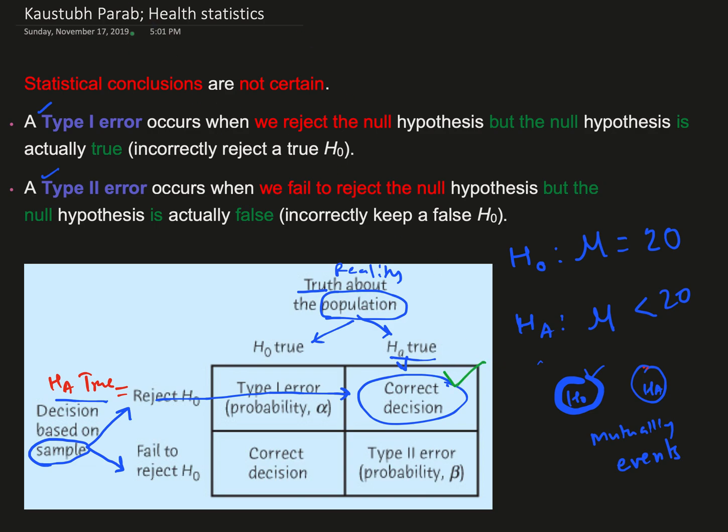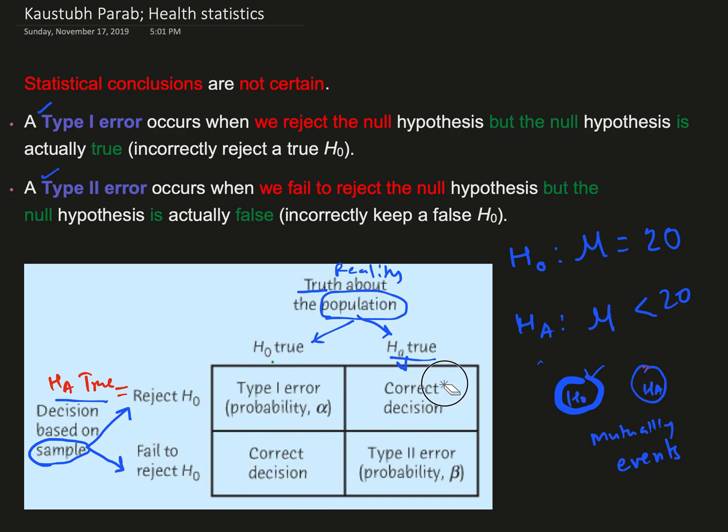Similarly, if you fail to reject the null based on your sample, that means you anticipate that the null is more likely to be true, and from the reality, the truth about the population, you also say that the null is true. Again, that means you made a correct decision. So these are the times that you make correct decisions.